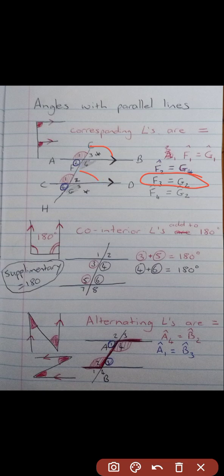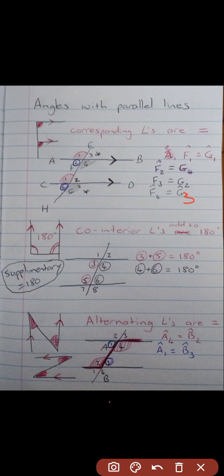One on the inside, one on the outside. And then we've got F4 and G3, that one there and that one there. So they're also corresponding. And then we can use it to work out the value of x by making an equation and getting the x by itself.